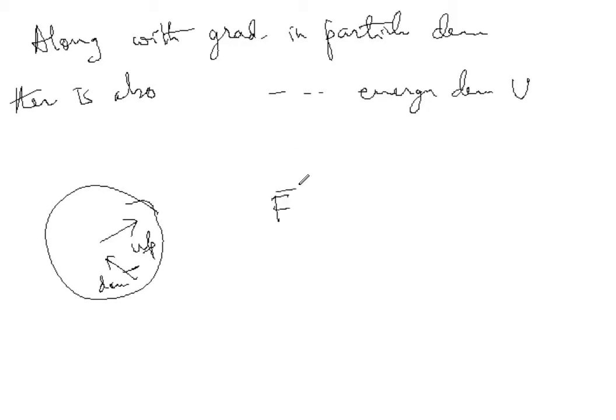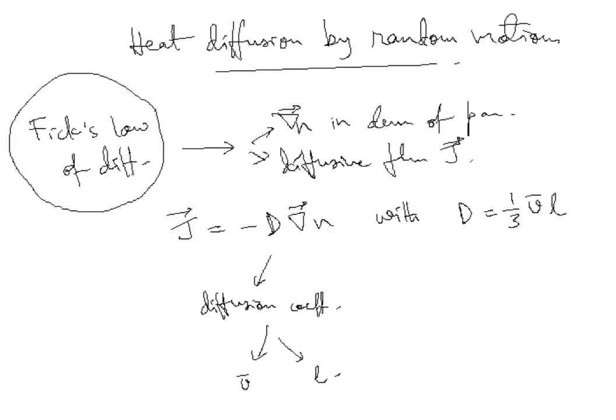So let me write it down. This time the net energy flux is due to the energy density gradient. This is how we derive this relationship in analogy with Fick's law of diffusion applied to the particles.